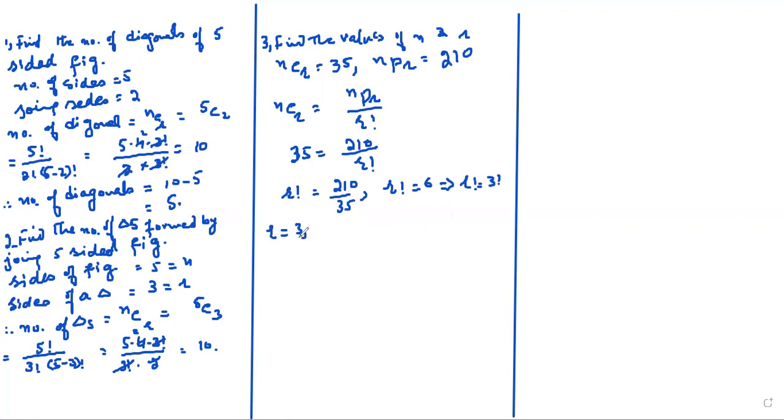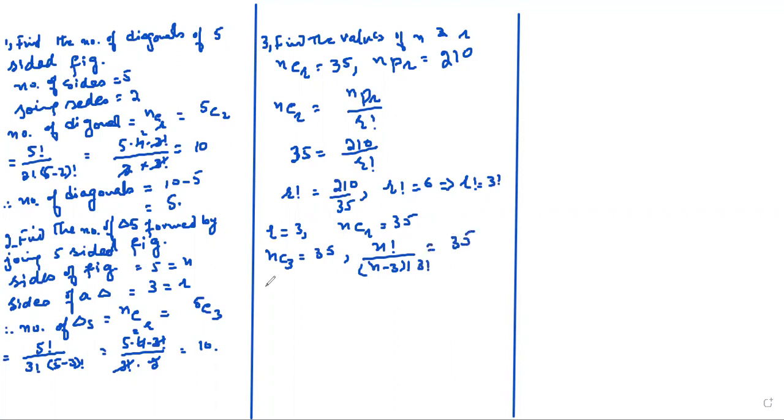Now put this in nCr equals 35. So nC3 equals 35, which means n factorial divided by (n minus 3) factorial and 3 factorial, which is 6, equals 35.